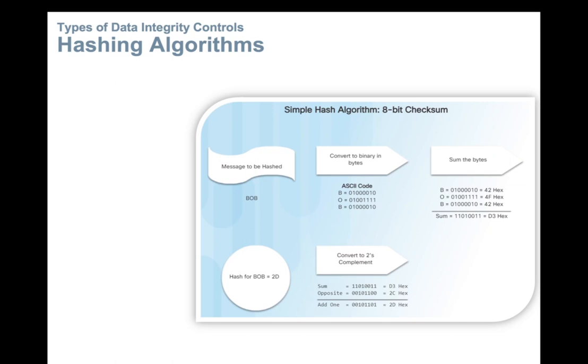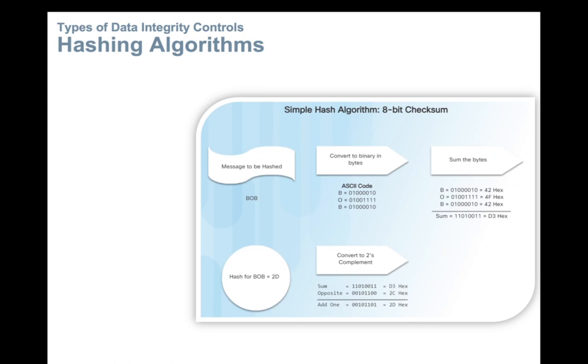Next, enter the hexadecimal number into the calculator. You can use the previous slide link to calculate this. By just entering this hexadecimal into the calculator, like 42, 4F, and 42, then click the calculate button.